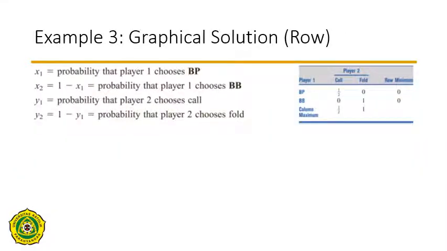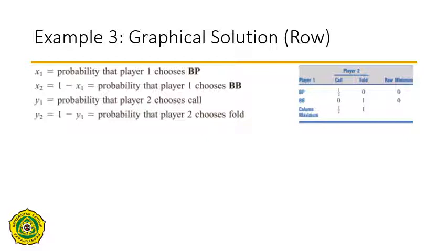Okay, so we have eliminated the dominated strategies, and we have also realized that this game has no saddle points, which means that to find the optimal solution of this game, we need the randomized strategies. So we define the randomized strategies like this.